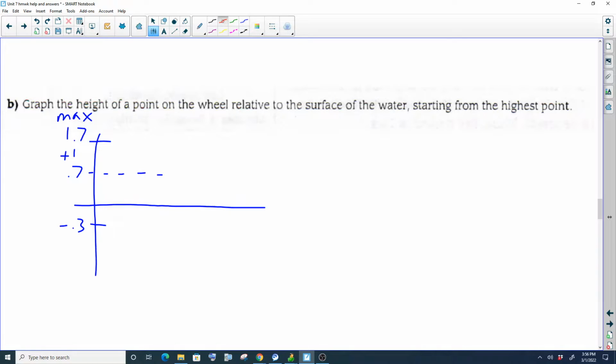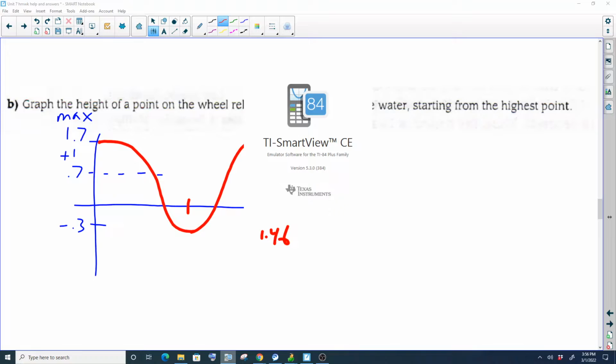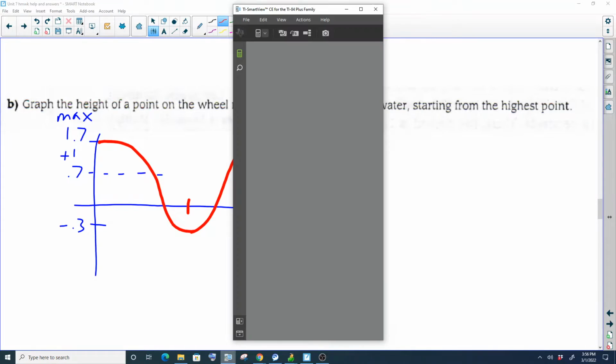We're going to start at the top and go down, then your halfway point is whatever 1.46 is, cut in half, and then back up to the top again. So the full period is 1.46, and half of that is 0.73 seconds.